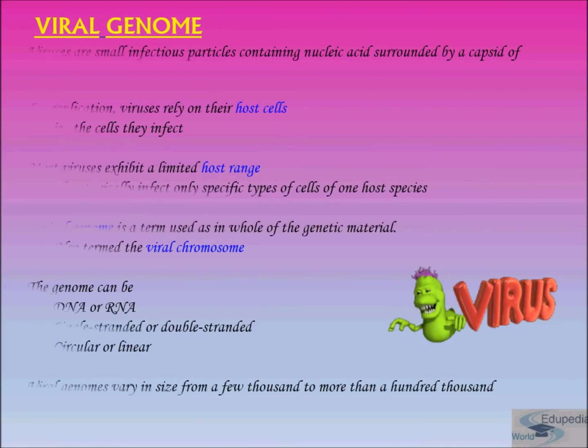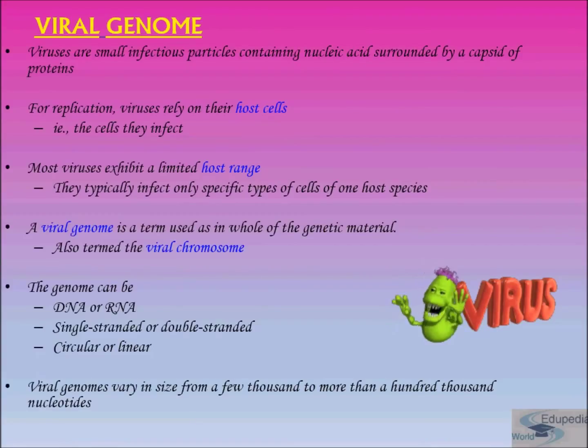Viral genome. Viruses are small infectious particles that contain nucleic acid, that is DNA or RNA. Usually they contain RNA, which is surrounded by a capsid of protein. For replication, viruses rely on their host cell, that is the cells they infect. Most viruses exhibit a limited host range.